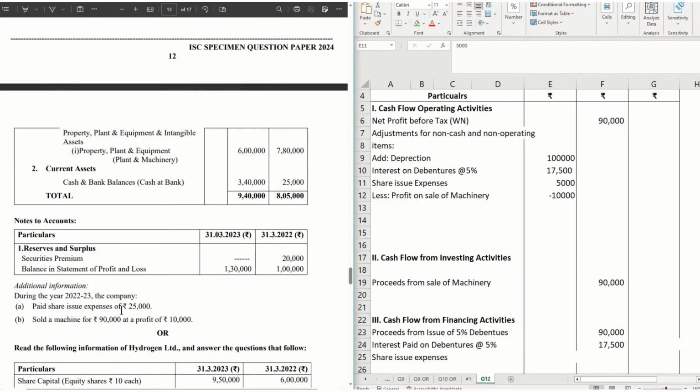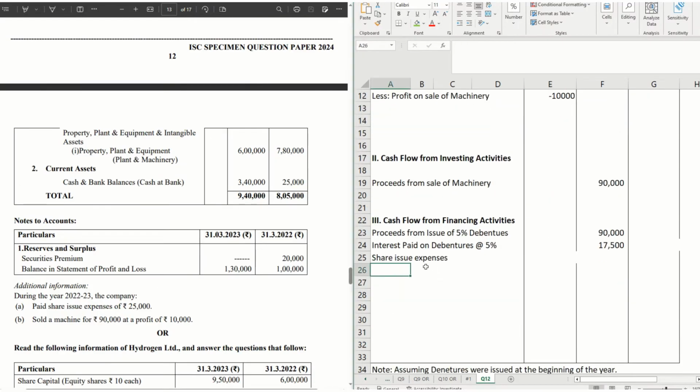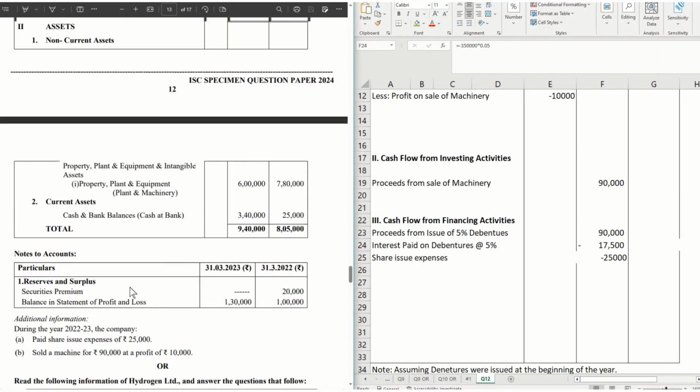Okay, and this other 25,000 will come to your financing activity here as share issue expenses. This will be a negative 25,000, and even your interest paid on debenture will be a negative figure. It's an outflow of cash. All right, so we are covered with all the adjustments that we have.